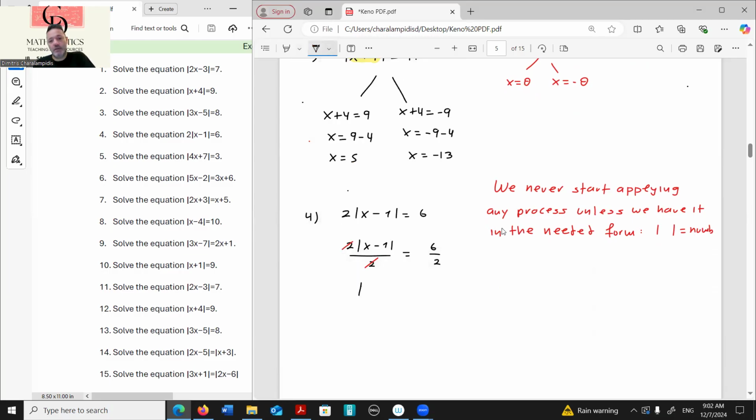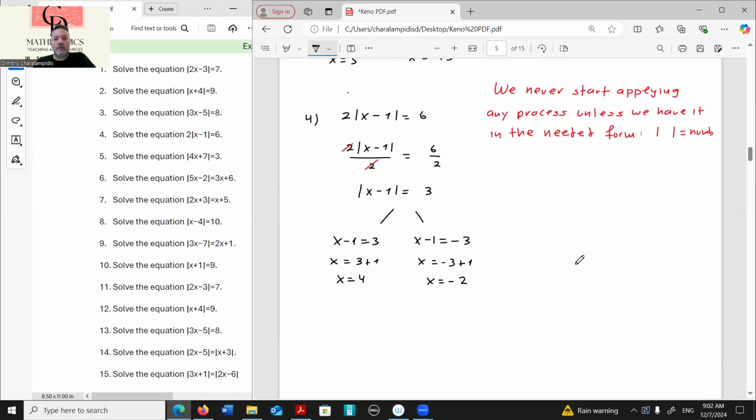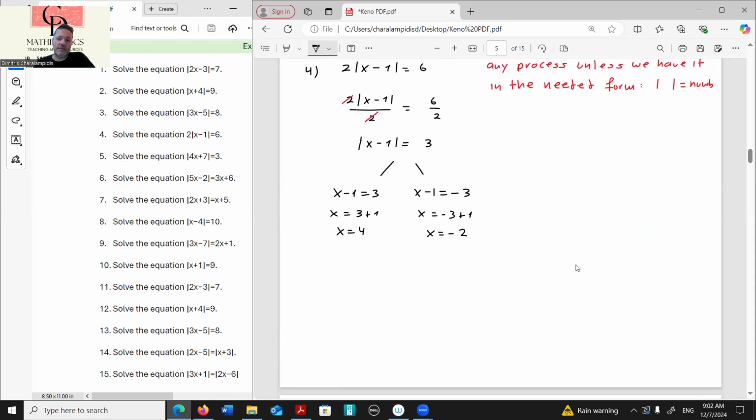So I'm left with absolute value of x minus 1 equals 3, which means that I again need to split it: x minus 1 equals 3, or x minus 1 equals negative 3. So this means that x equals 3 plus 1, which is x equals 4, or x equals negative 3 plus 1, which is x equals negative 2. Let's go and then solve number 6.